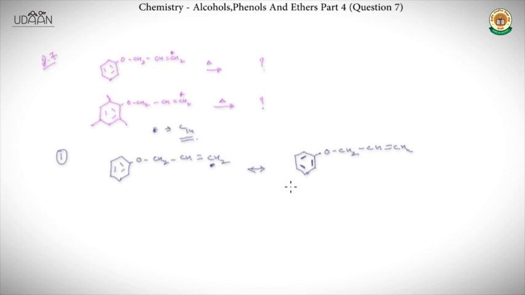Now this pi electron, which is electron rich, will donate its electron to this carbon, and this will attack over here, and this pi cloud will move over here.